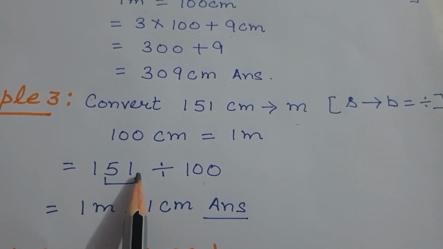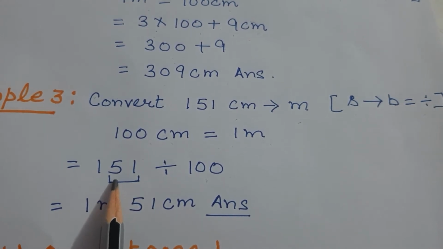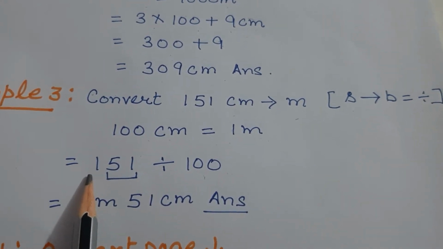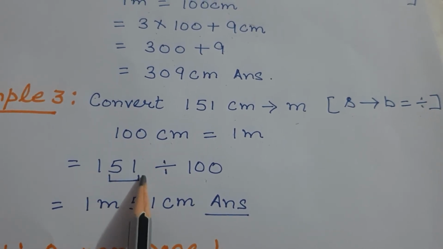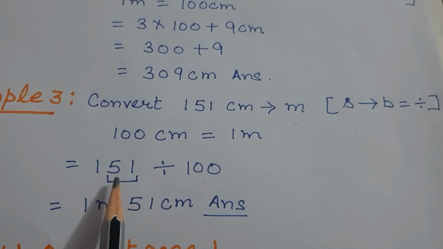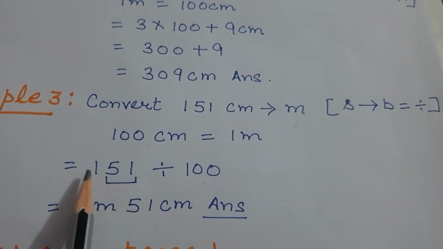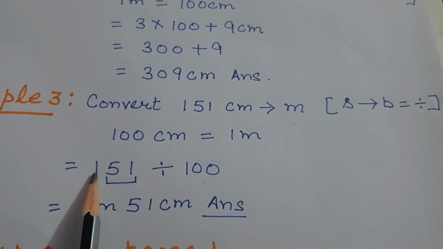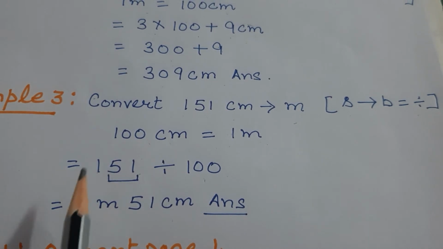So the last two digits of this number will be the remainder and the rest will be the quotient. These are the remainder, meaning these numbers cannot be changed into meters. So these numbers will be centimeters only, and the digits left behind, that is meter.